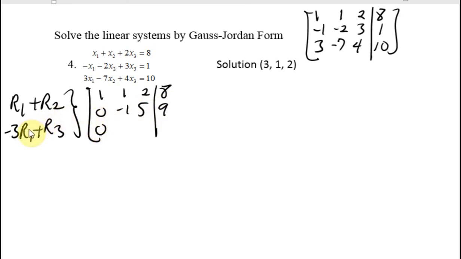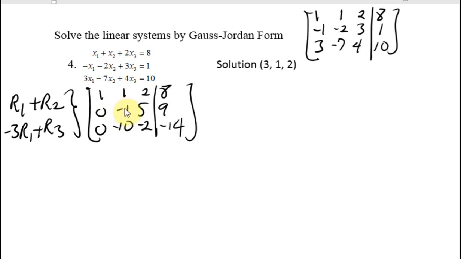Negative 3 times row 1 plus row 3, so that's a 0 there. Negative 3 and negative 7. Negative 10. We get negative 6 and 4. That's negative 2. We get negative 24 and 10. It's negative 14. Now we move to the second column, and we want to get a 1 at A22.